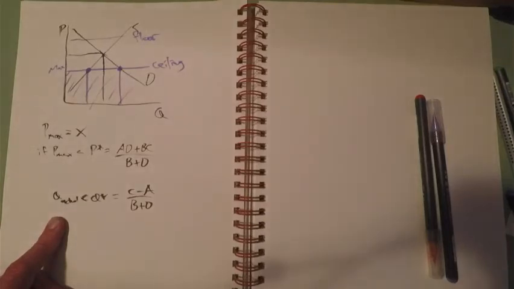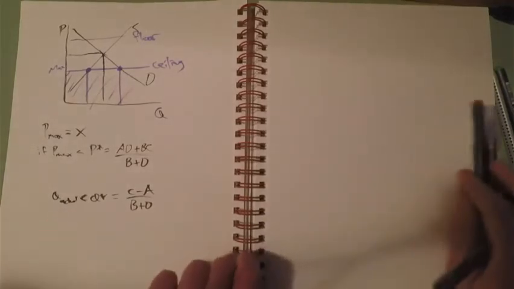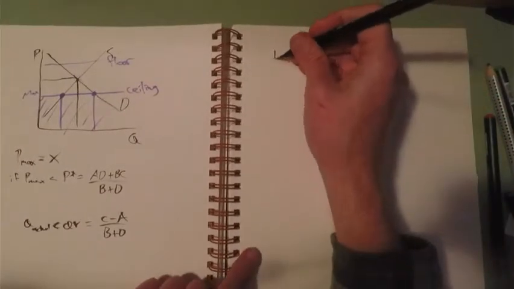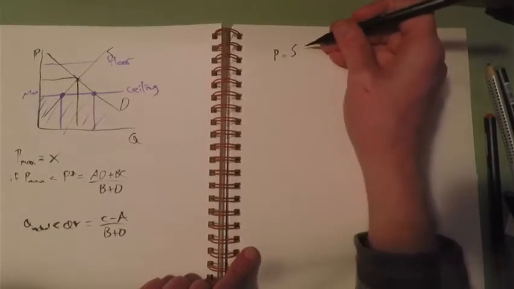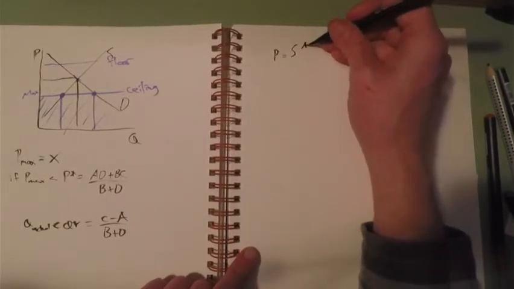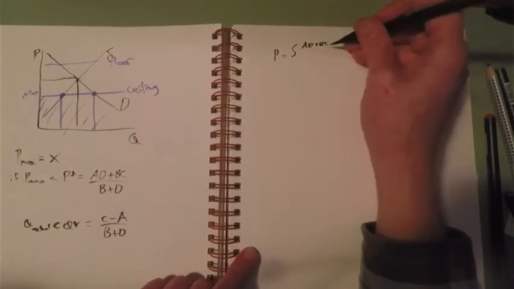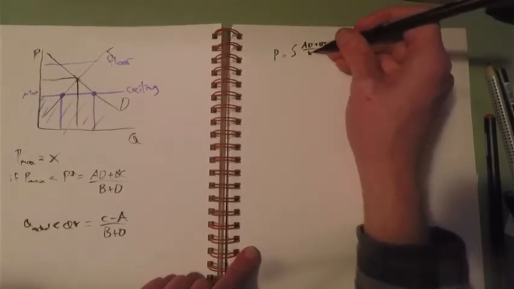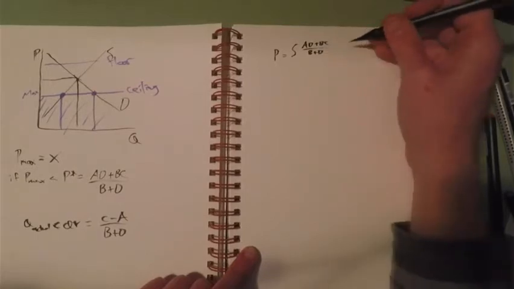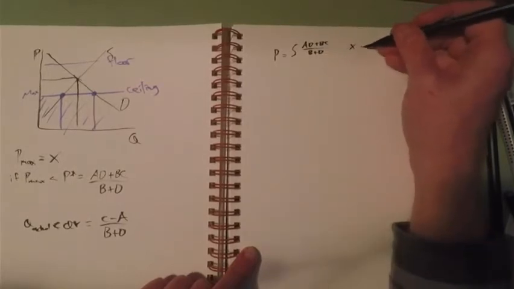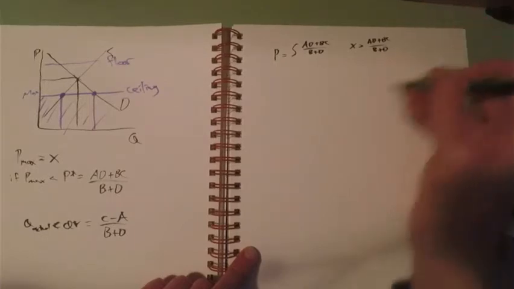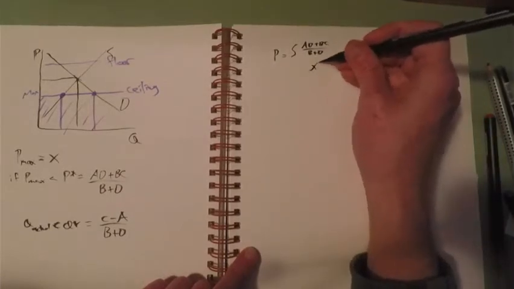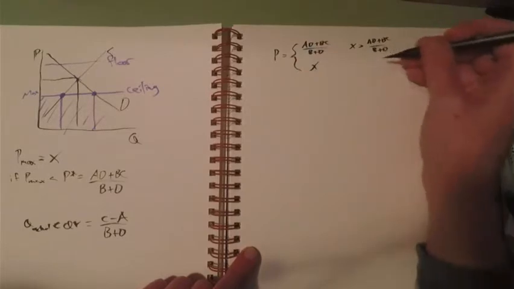Well, in that case, our price, well, let's lay out what we know. So we're going to have some price, and that price is going to either be AD plus BC over B plus D, and that's going to be the case if X is greater than P star, AD plus BC over B plus D. Or we're going to have the price X, that maximum price, otherwise.